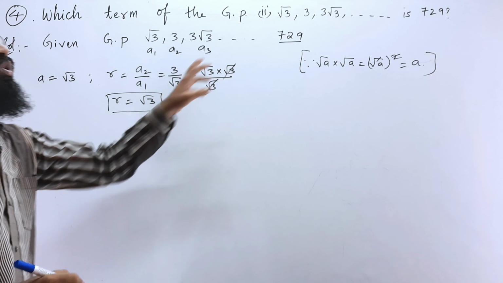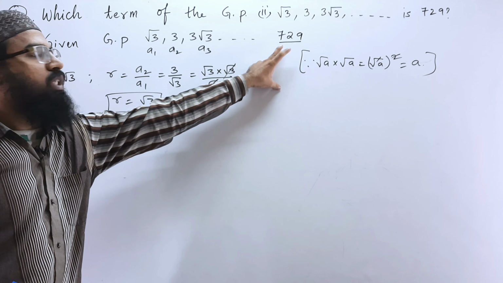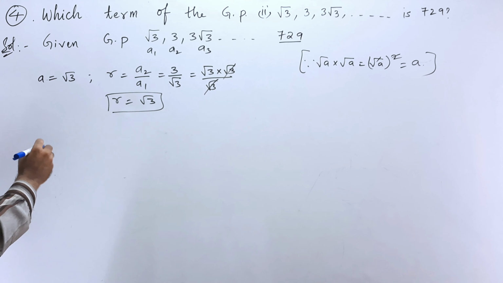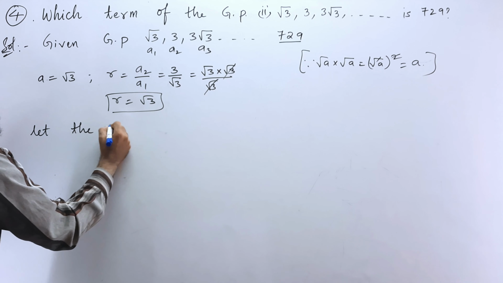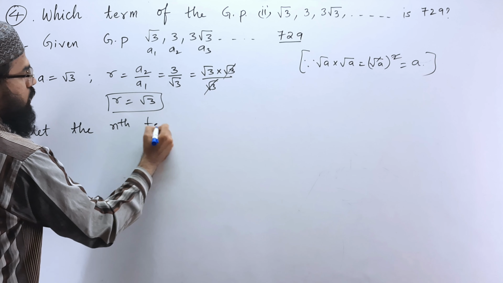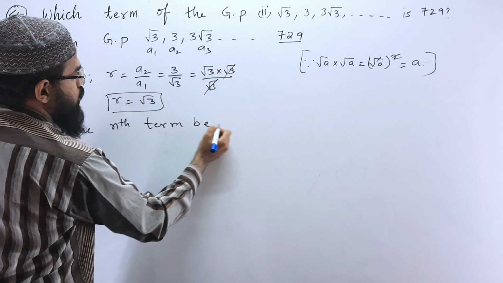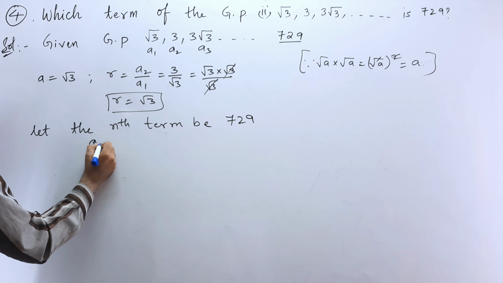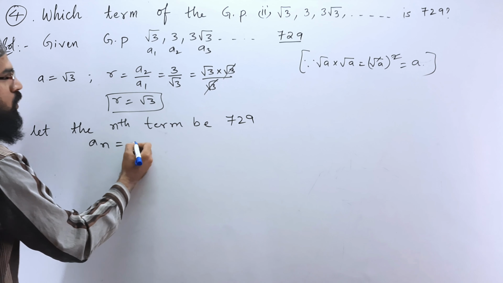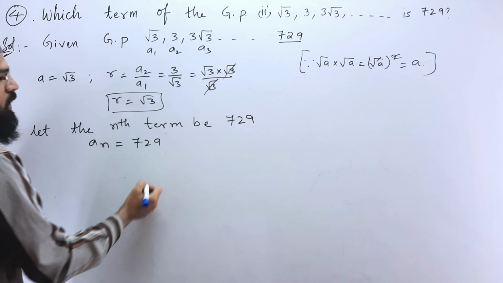Now we don't know this term. Which term is this? So let the nth term be 729. So An is equal to 729.